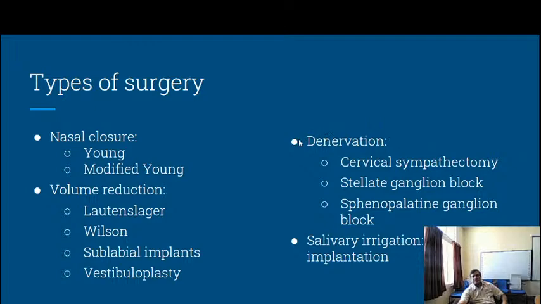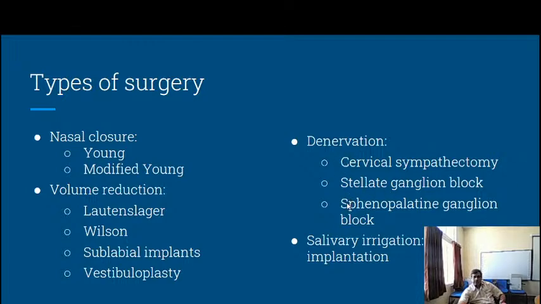And there are certain procedures called denervation. As I told you, the sympathetic and parasympathetic systems are partly responsible for the reduction in the secretory cells, and so produce atrophic rhinitis.